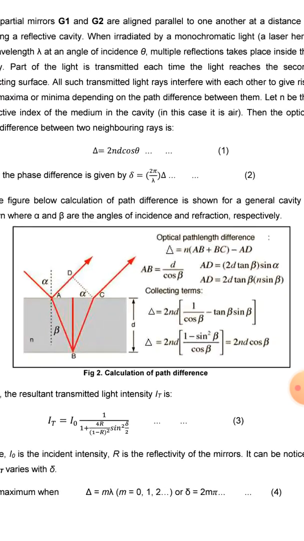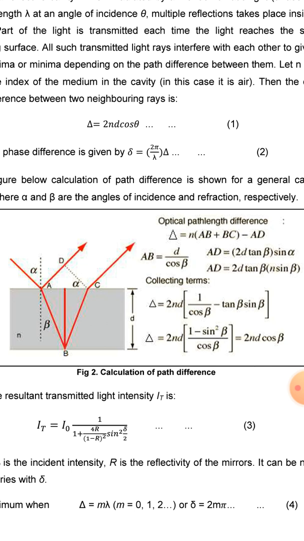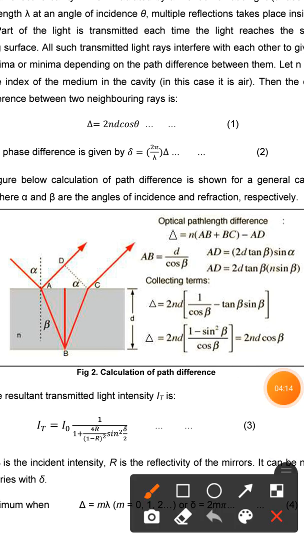Here we would like to find the path difference between the two rays. Here d is the distance between the two mirrors, and the optical path difference between the two rays is 2nd cos theta.